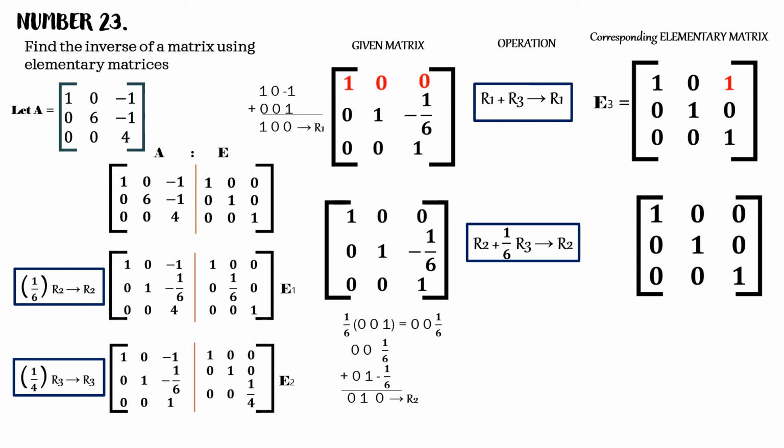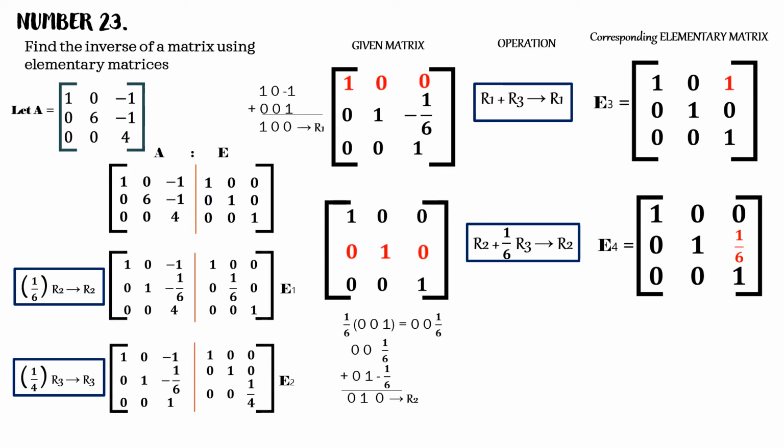This will be our new row 2. We do this to the identity matrix: we multiply row 3 by 1/6 and add it to row 2 to get a new row 2. We are going to have 0, 1, and 1/6 as the new row 2. And we label it as E4.